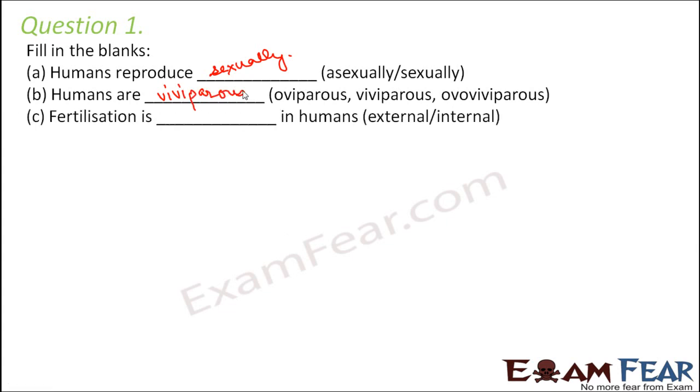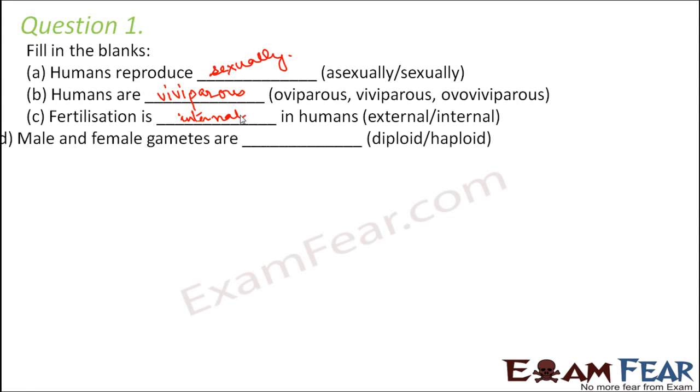Fertilization is dash in human beings, external or internal. Yes, of course it is internal because the fusion between the sperm and the egg takes place inside the female's body. It happens inside the fallopian tube of the female reproductive system. So it is definitely internal. Male and female gametes are haploid or diploid. They are haploid.